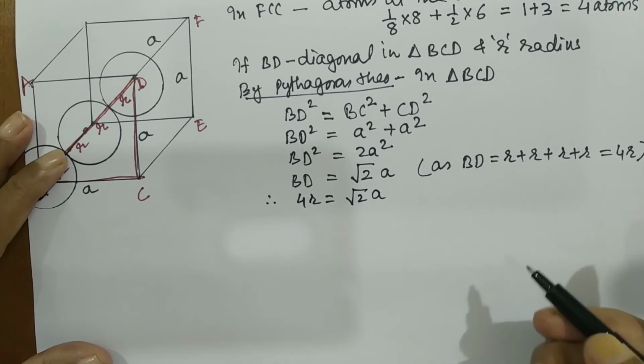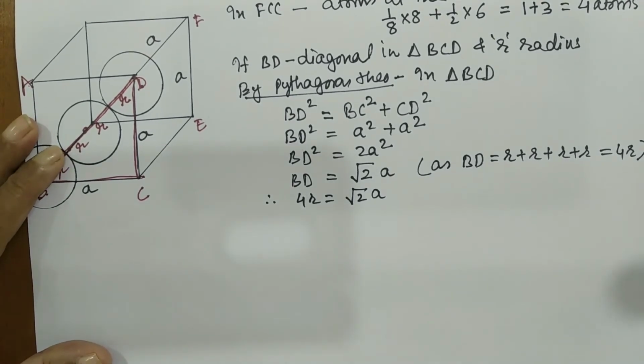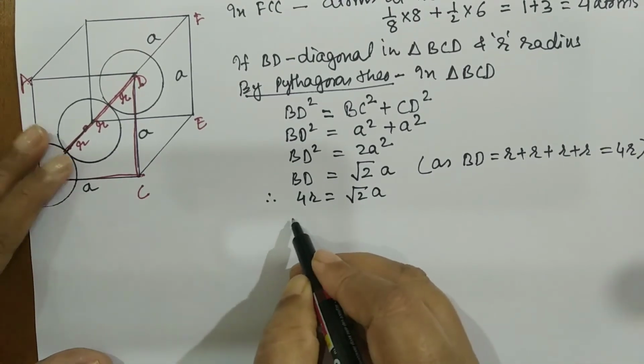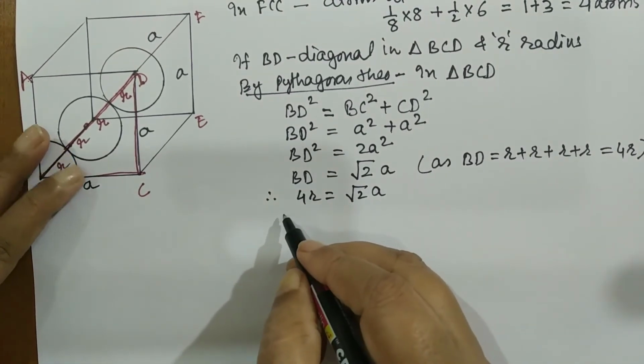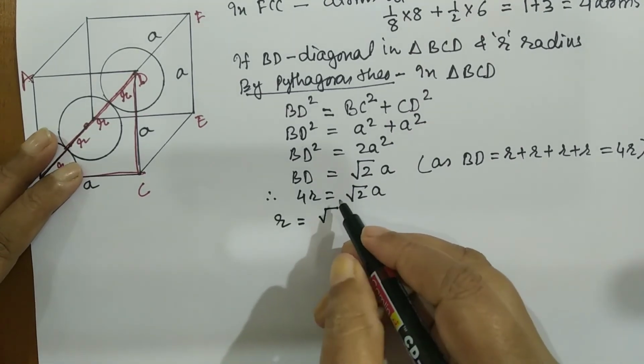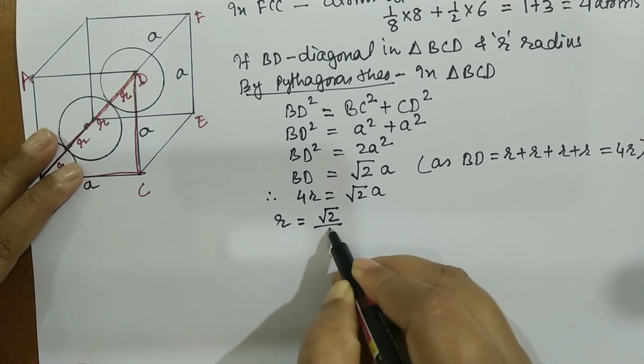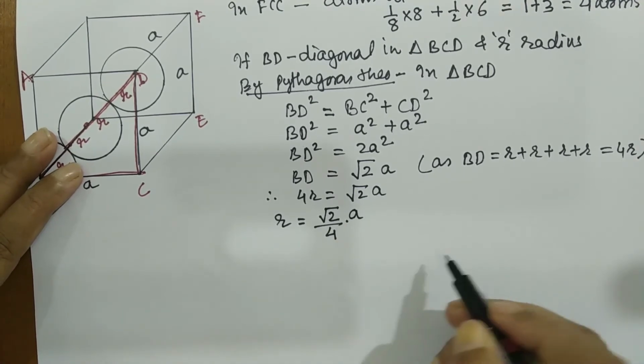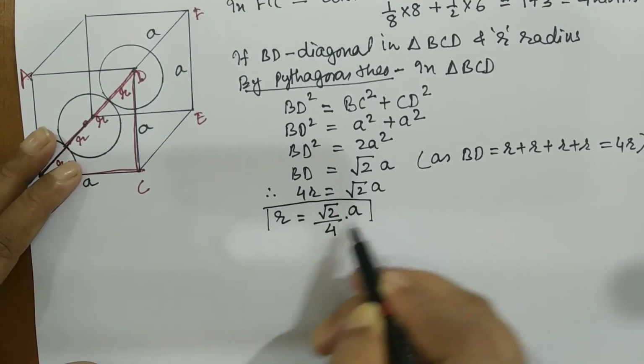As I told you, you have to bring the equation A is equal to, that is lattice constant, and R is equal to. So let us rearrange the equation. First I will go for R. So R is equal to root 2 by 4A. So this is the first equation what I got.